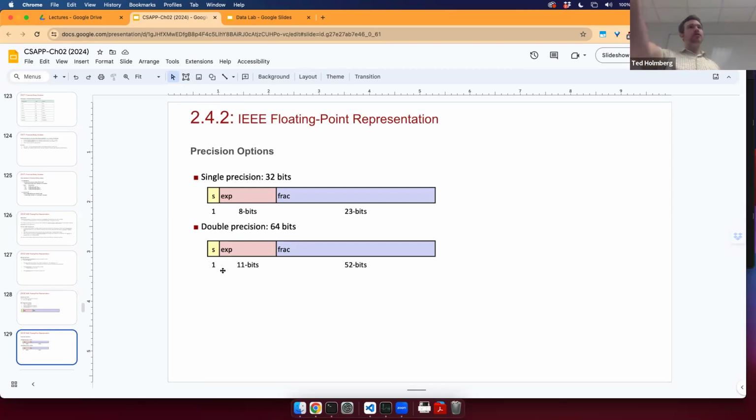Whereas if we go to double, we're able to increase the fractional encoding space from 23 bits to 52 bits. That makes such a huge difference.